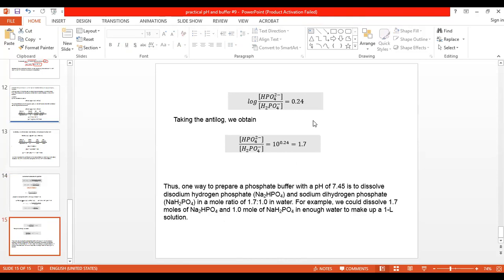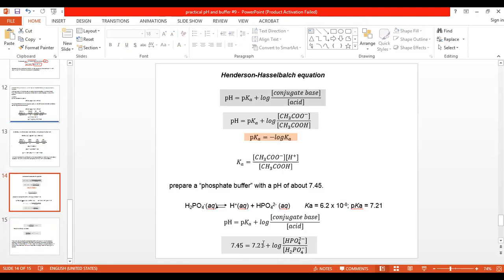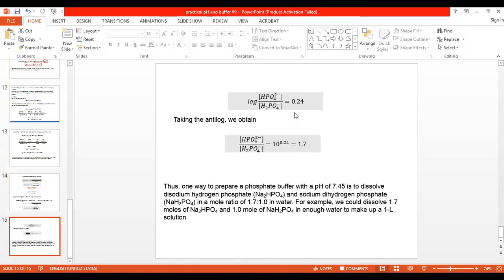So from here, it's going to be 0.25. How did we get the 0.25? It's 7.45 minus 7.21, which gives us 0.24.